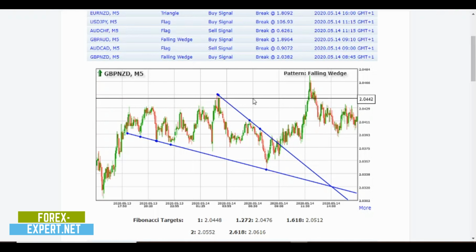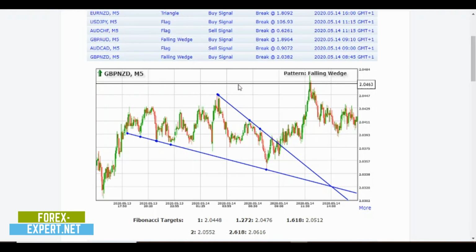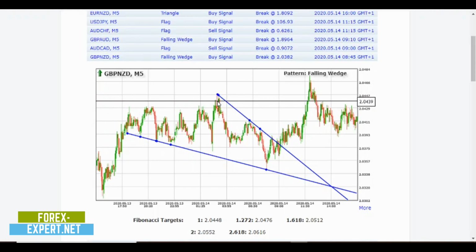In fact, the price reached this 0465 level and then reversed. Okay, so it went above the previous top here at 0442. But this was a risky one, okay, for aggressive traders, of course.